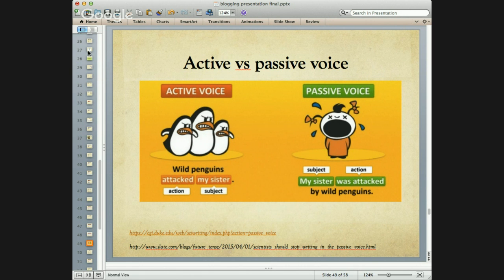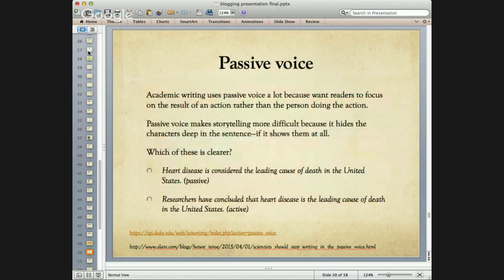Let me give you an example with a science example. Academic writing uses passive voice a lot because we want the readers to focus on the result rather than the person. And that has a place in academic writing. But in storytelling, it makes it really difficult to find out who the characters in the story are. And when we come back to the principles of storytelling, that's what makes a good story.